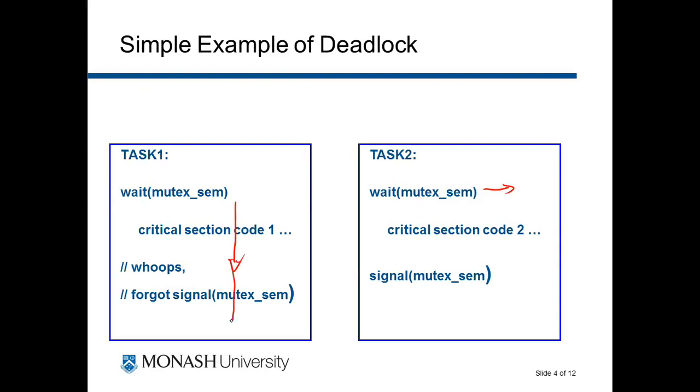Task 1 finishes. Now what happens? After a process finishes, what happens? It gives up the semaphore. It should give up the semaphore, but as you can see, this guy unfortunately forgot to give up the semaphore. So it's finished. So task 2 is waiting indefinitely, but there's something else that happens as well.